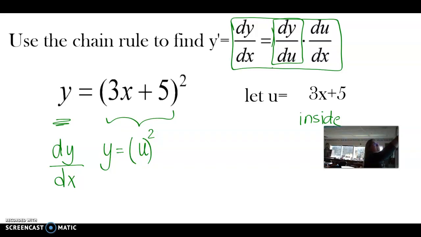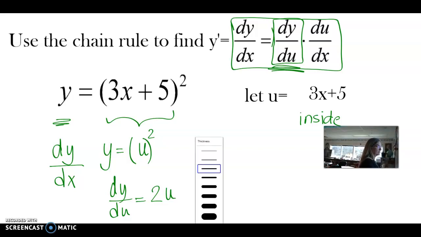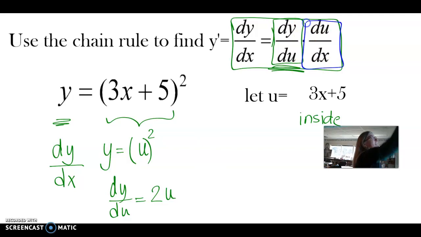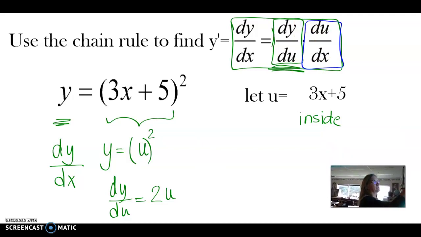And then what this means right here is dy/du means find the derivative. If I'm going to find dy/du, it's taking the derivative of u squared with respect to u, which would just be using the power rule. So bring the 2 down in front, u to the 2 minus 1 would be to the first. And then this, I'll do this in a different color, du/dx means I want to find a function that is in terms of u and x.